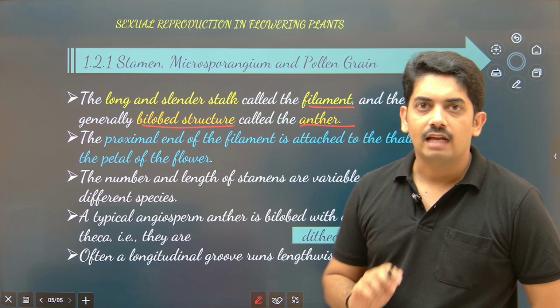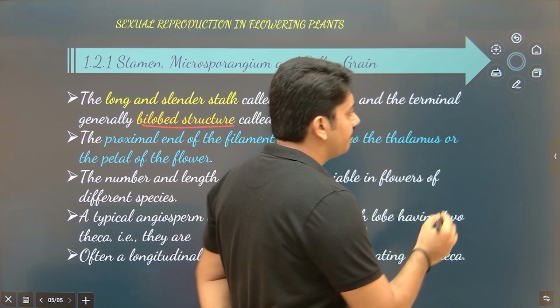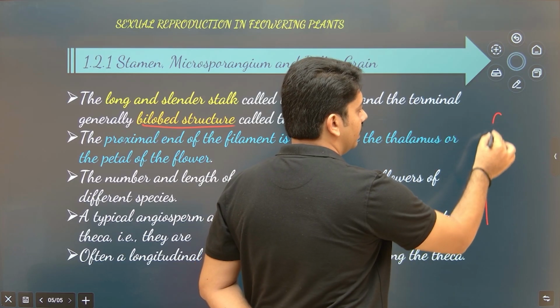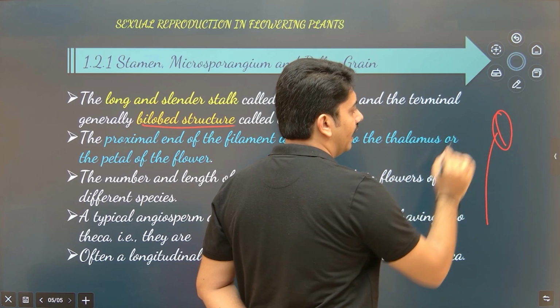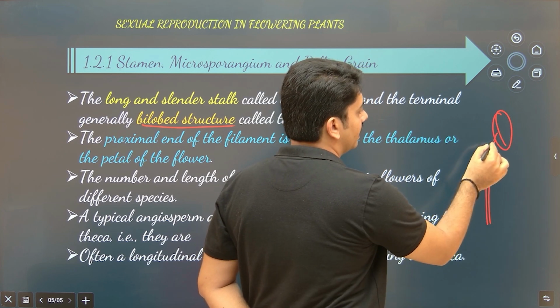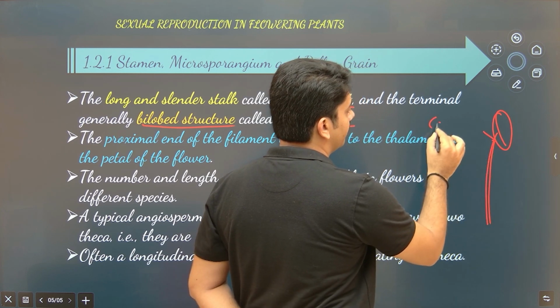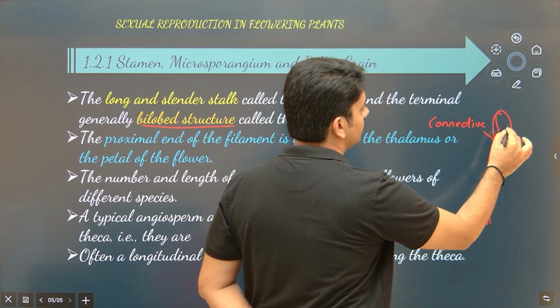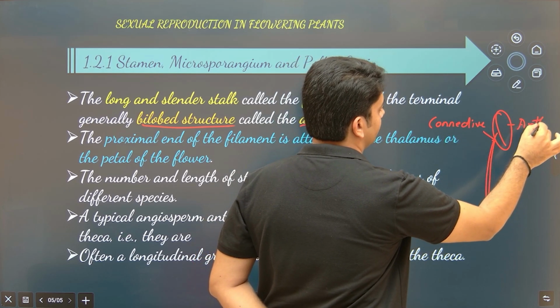In the next slide I will show you the picture. Here a slender filament is present, here a lobed anther is present, and the filament and the anther are connected by the connective. Okay, this is the anther.